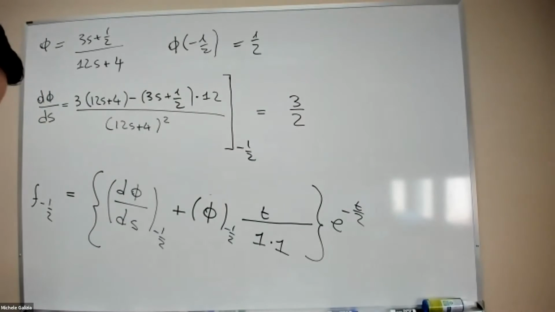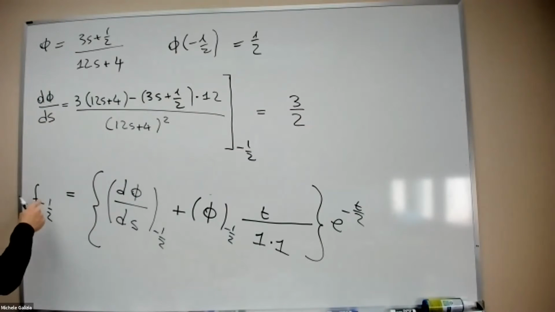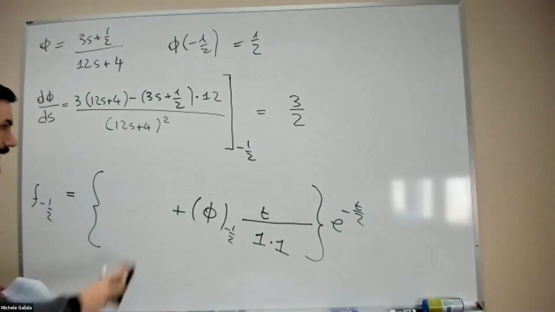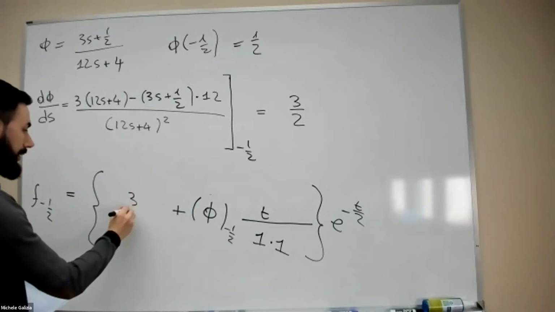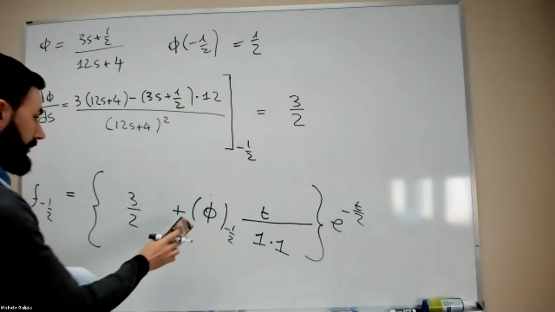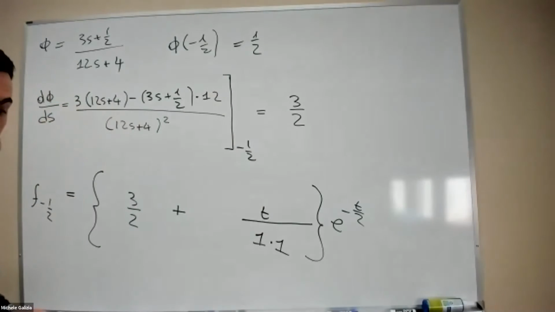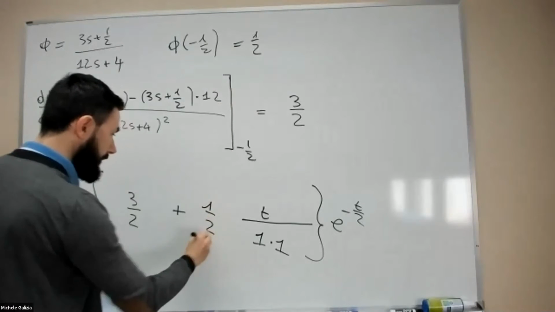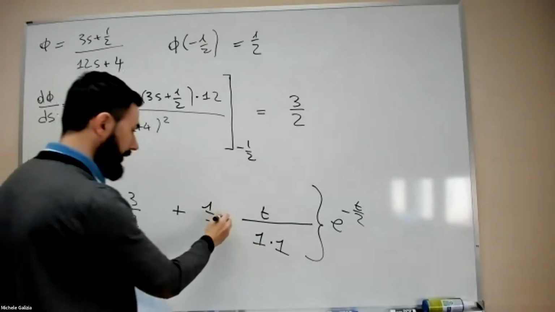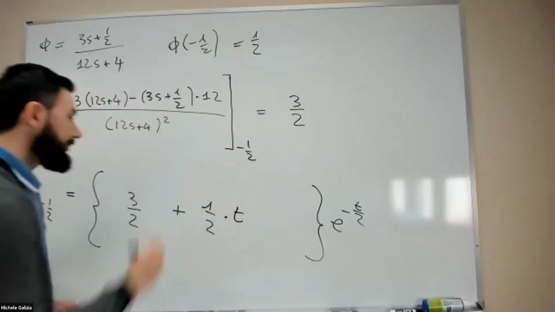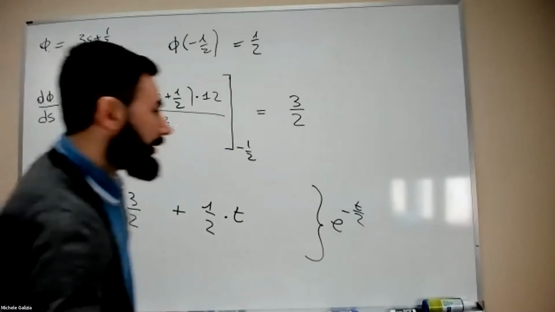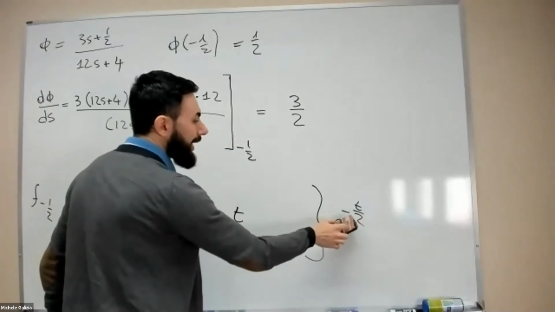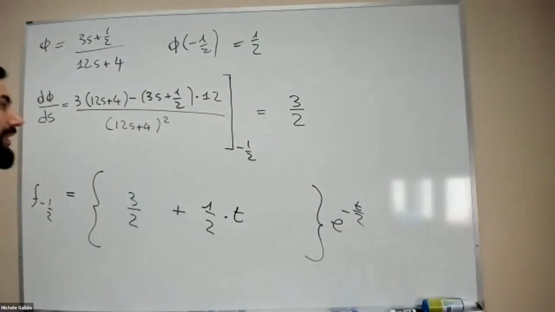So basically, the contribution associated to the pole -1/2 is the following: 3/2 plus phi calculated in -1/2 times t directly. Everything multiplied by the exponential of -t/2.